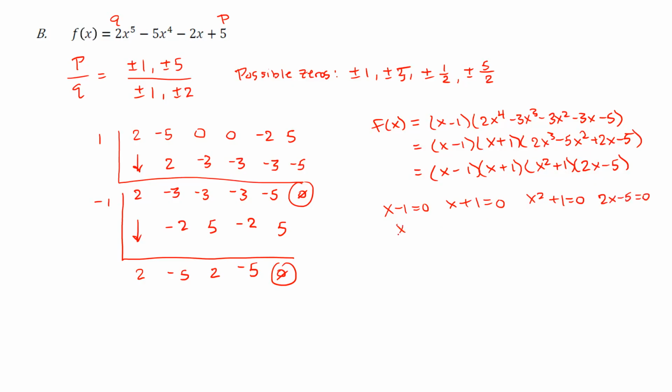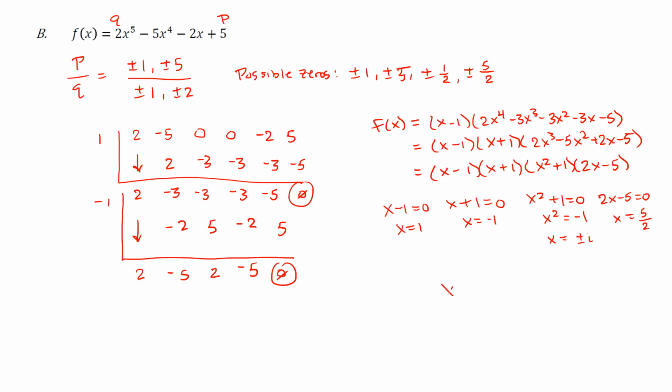When I do, I get x equals 1, x equals -1. This would be x squared equals -1, so then x would equal plus or minus i, and then we'd have x equals 5/2.